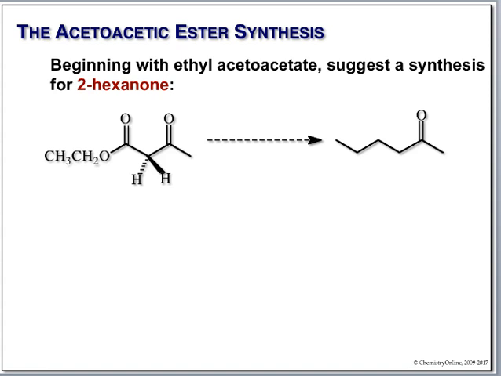Step 1, it's a methyl ketone. That means it's a methyl group on one side of the ketone, right? So that's good. We know that in this reaction, the methyl group, the carbonyl, and this carbon all came from the ethyl acetoacetate. That's the bond that we make.